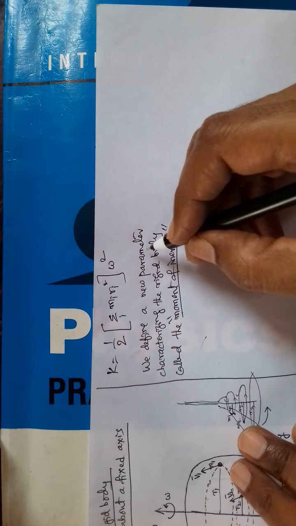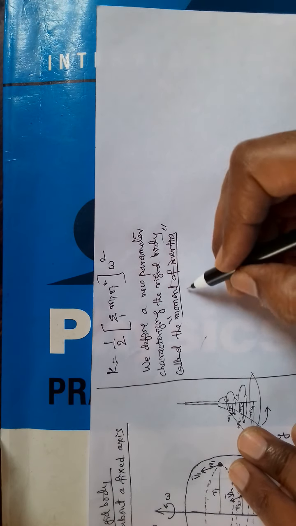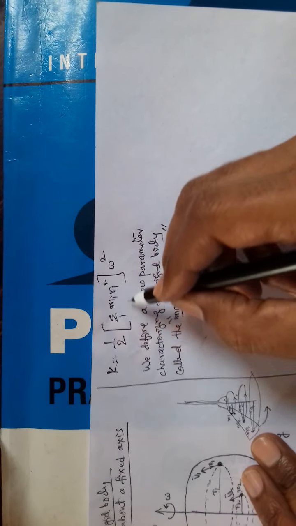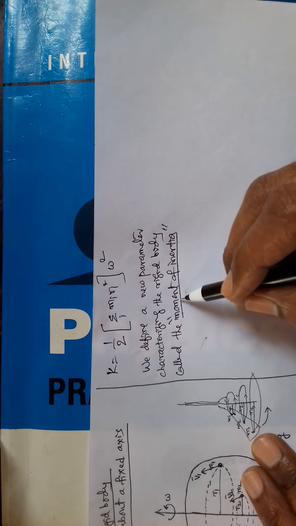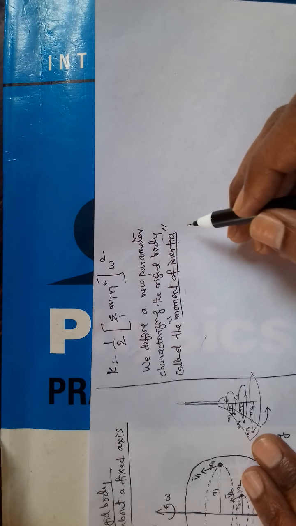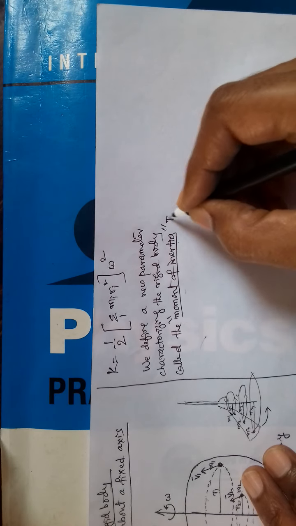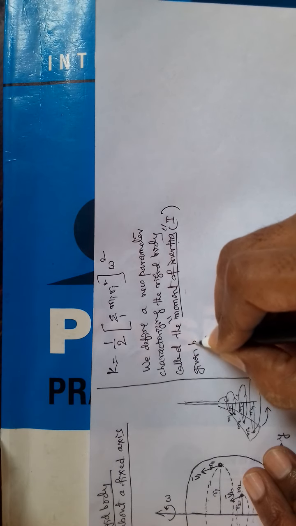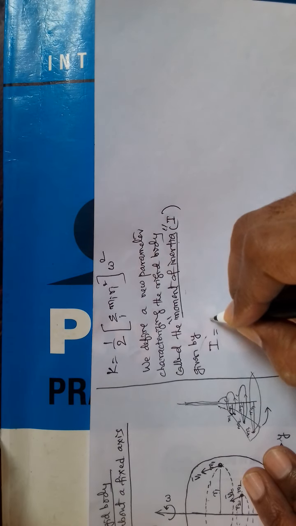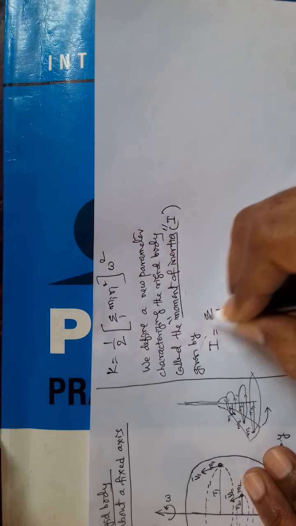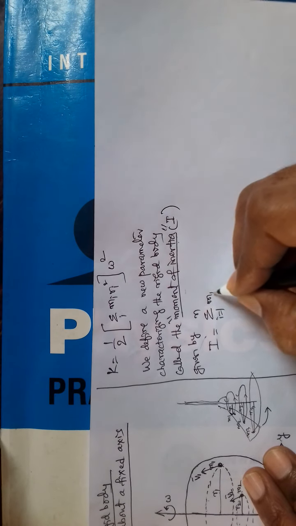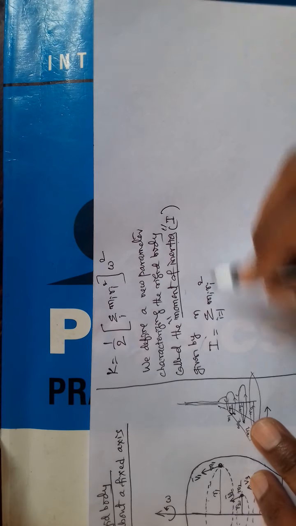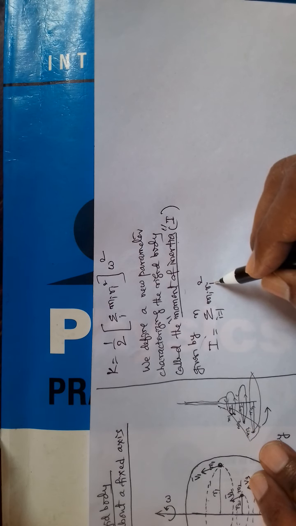Now we are introducing a new parameter and the name given to that is moment of inertia. So this bracketed term is called the moment of inertia, and it is represented by capital I, and that is given by I equals summation from i equals 1 to n of m i r i squared. In this way we are defining the moment of inertia.